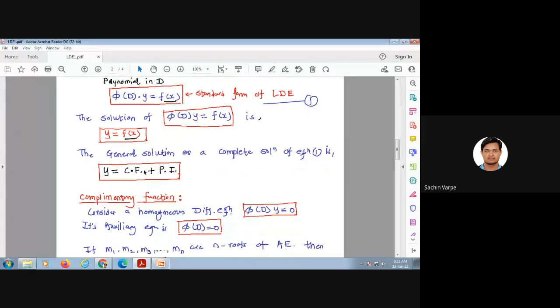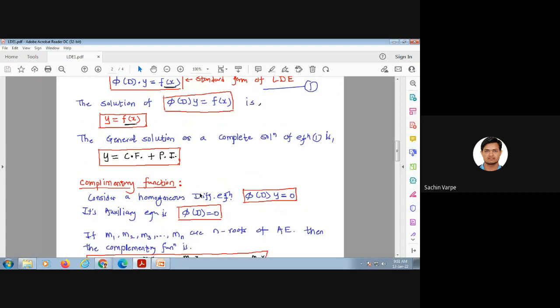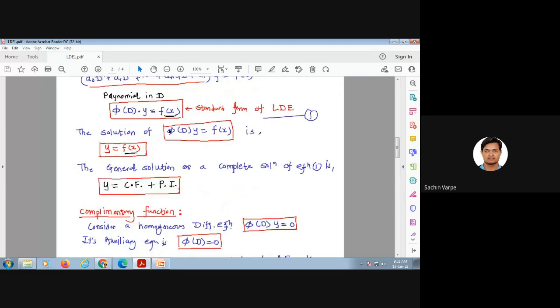So we have started with the complementary function. What is the complementary function? Complementary function is the solution of the homogeneous differential equation. So what is meant by homogeneous differential equation? Homogeneous differential equation is the given differential equation with the right hand side to be 0. We have seen the homogeneous differential equation definition in M2, and that is also correct.